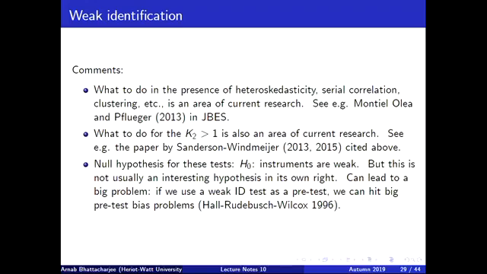What to do for K2 greater than 1 is also an area of current research, particularly if K2 is increasing with n. Sanderson and Windmeijer, for example, pointed out some things here. 2013 was their working paper version, 2015 is the published version.